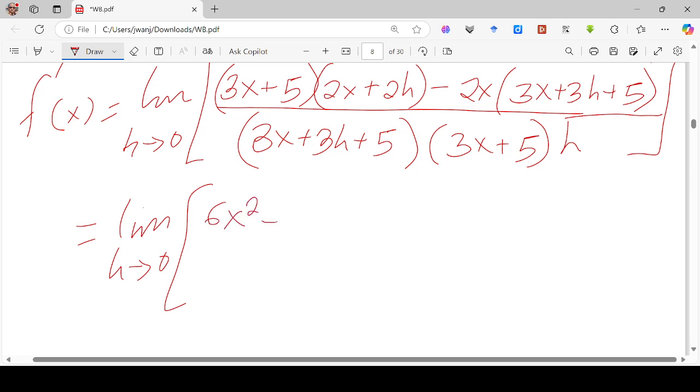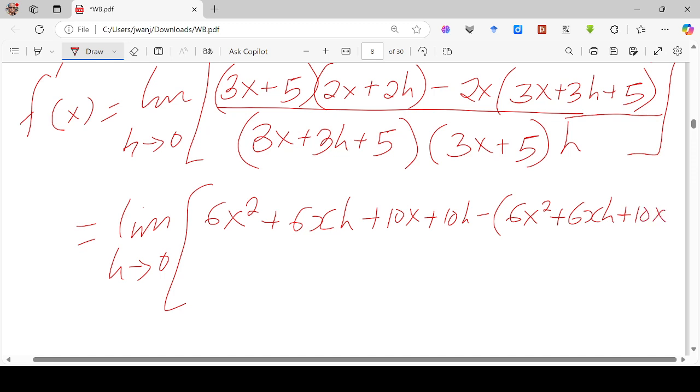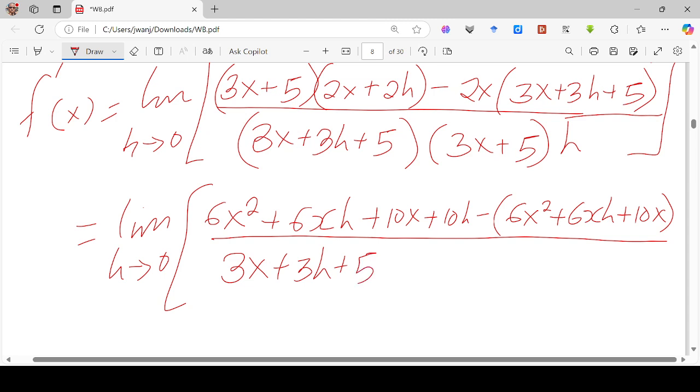Then we have plus 6xh, then plus 10x, plus 10h, then minus. The next here we have 6x squared plus 6xh plus 10x. This one is divided by 3x plus 3h plus 5 multiplying 3x plus 5 multiplying h.